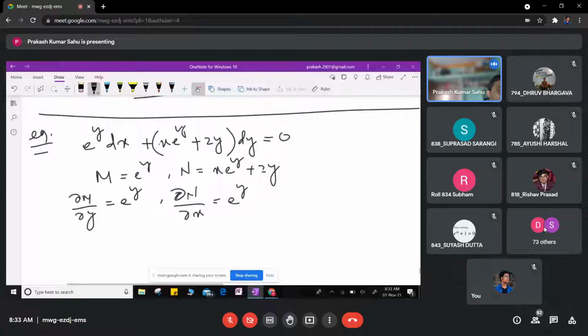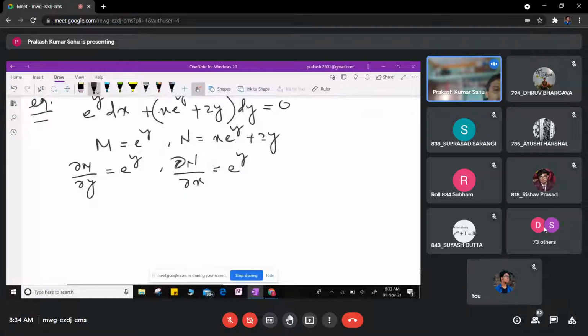So now you see that del M by del y is equal to del N by del x. Therefore the differential equation is exact. So now how to find the solution?